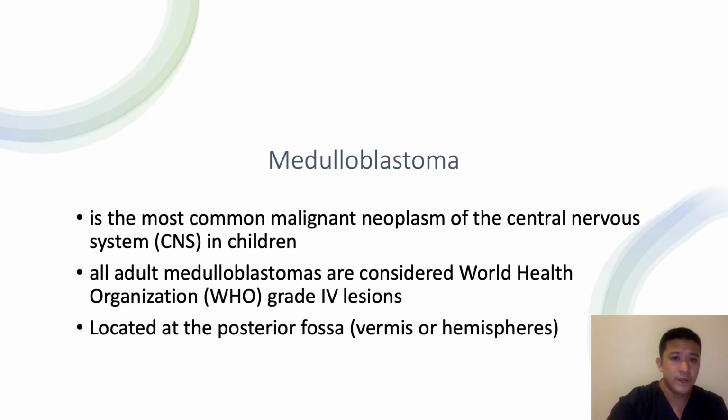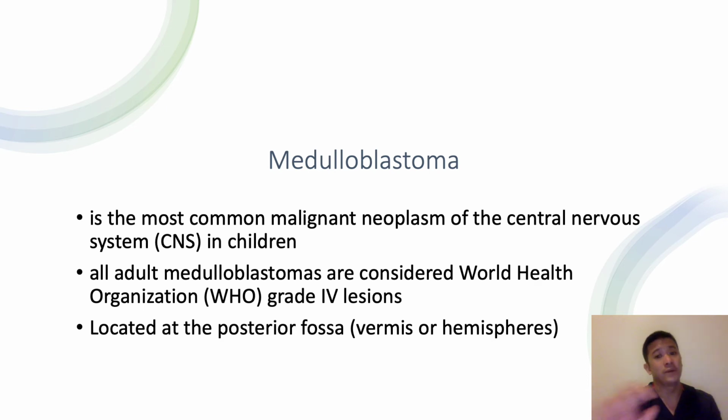So, talking about high-grade tumors in the intra-axial area, but now in the infratentorial compartment, you have your medulloblastoma. It is the most common malignant neoplasm of the CNS in children, and all adult medulloblastomas are also considered WHO grade 4.